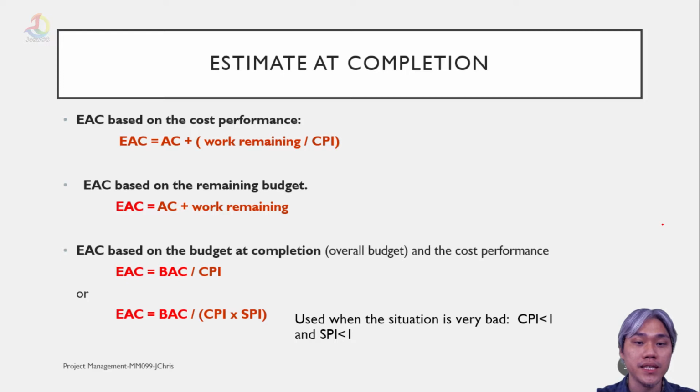EAC based on the budget at completion, or overall budget and the cost performance, is EAC equals BAC divided by cost performance index, or EAC equals BAC divided by cost performance index multiplied by SPI. We only use the lower part here when the situation is very, very bad, or when CPI is lower than 1 and SPI is lower than 1.